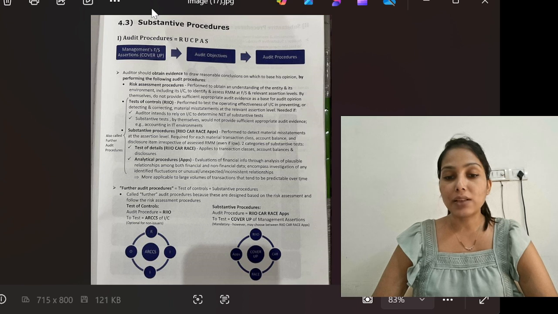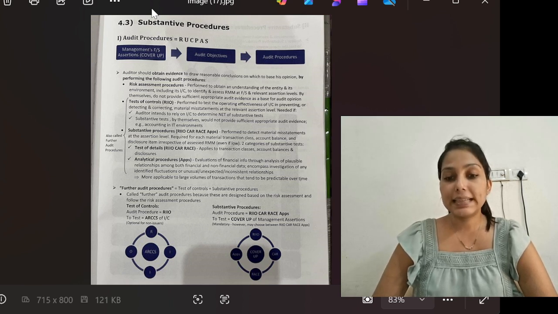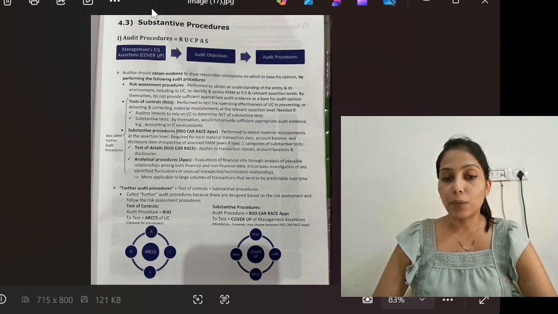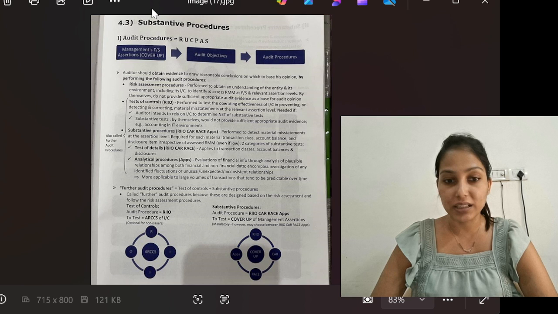Test of details applies to the transaction classes, account balances, and disclosures, if any, whereas analytical procedures are the evaluation of financial information through the analysis of plausible relationships among both financial and non-financial data, and encompass the investigation of any identified fluctuation or unusual, expected, or unexpected relationship.